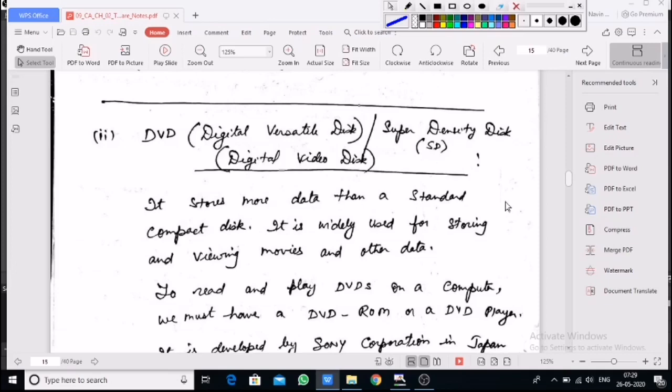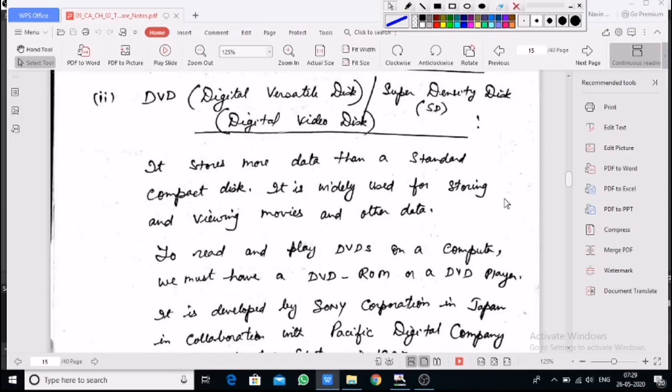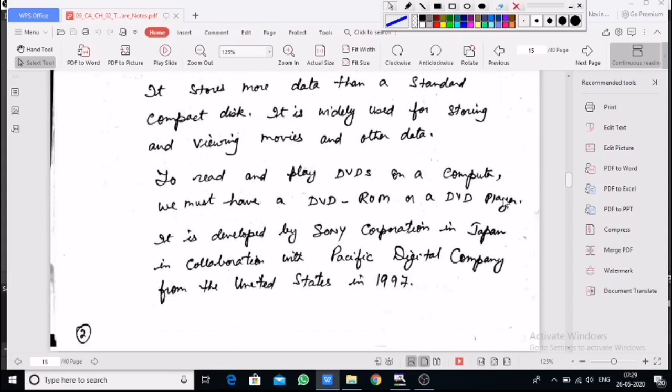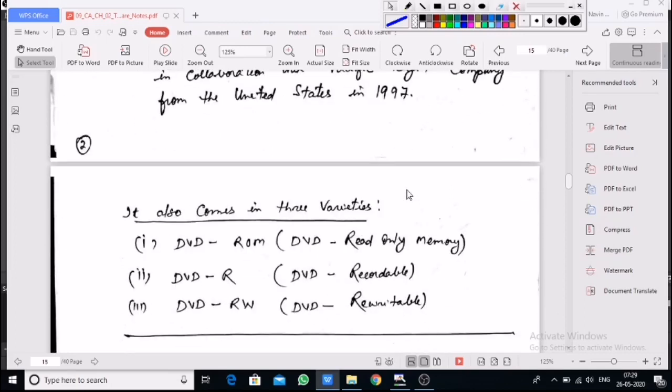And this DVD uses a red laser to write the data. It was developed by Sony Corporation in Japan in collaboration with Pacific Digital Company, and invented in 97.